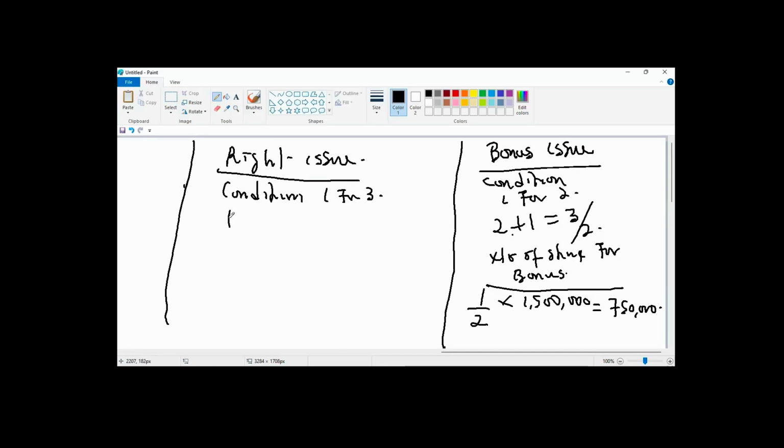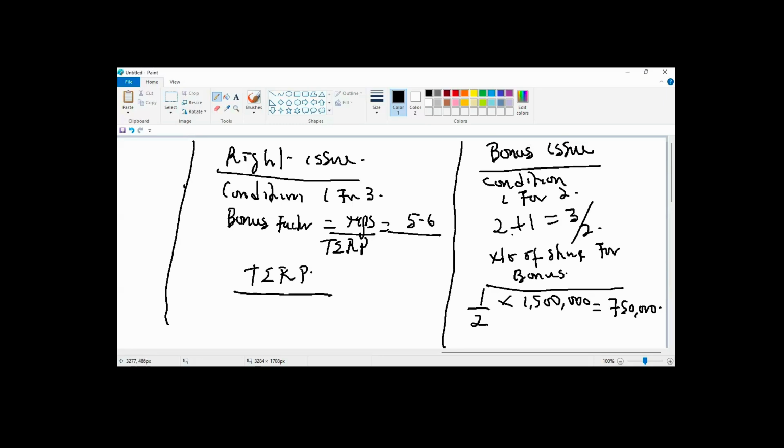So I need the bonus factor, which is the market price per share over the theoretical exercise price. What is the market price per share? 5.6.